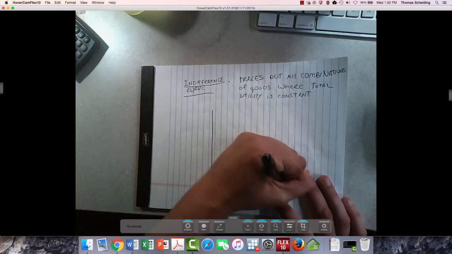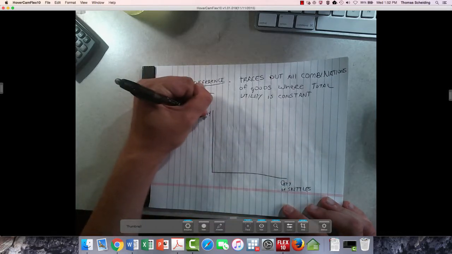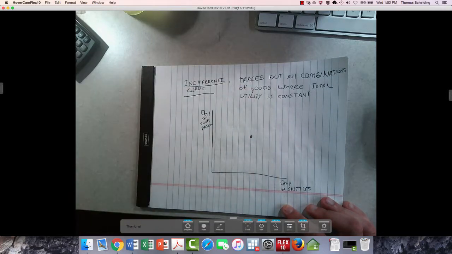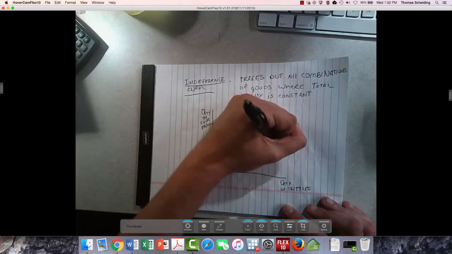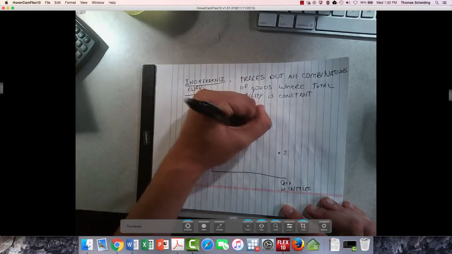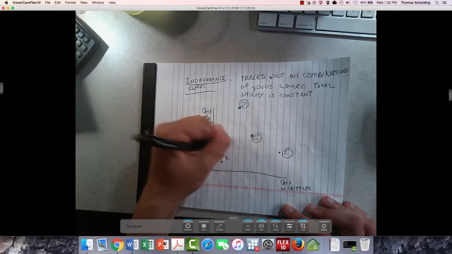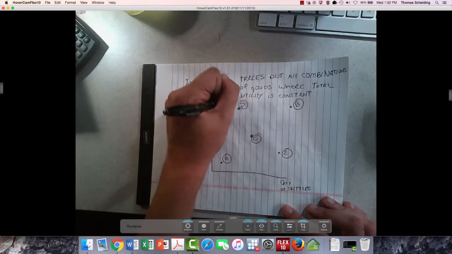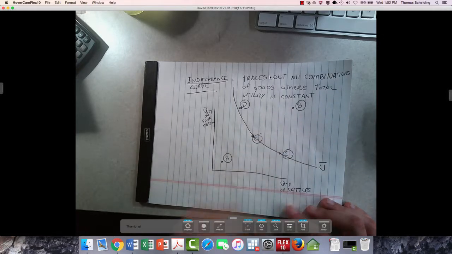If I recreate the exact same picture that I had, here is where my bundle C was, my D, and my E. With a little bit more information, I could draw out a line where the total utility is constant.